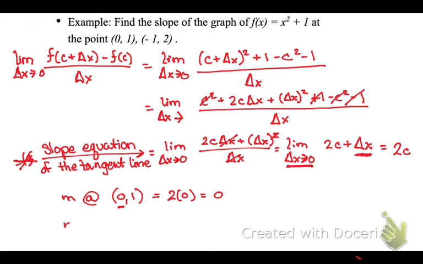Now the slope of the tangent line at negative 1, 2 is 2 times negative 1, which is negative 2. So again, this is the slope of the what?